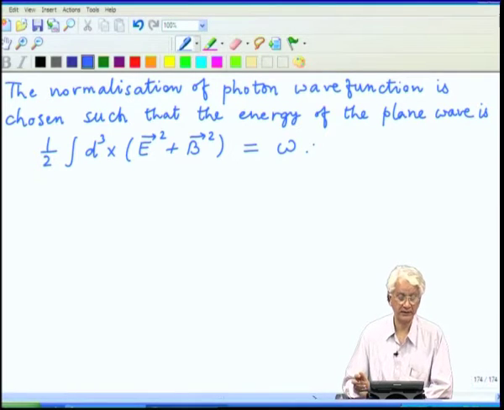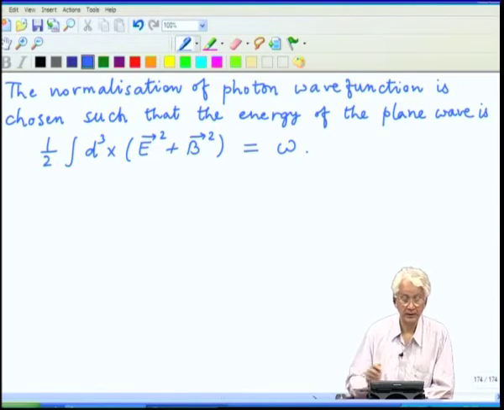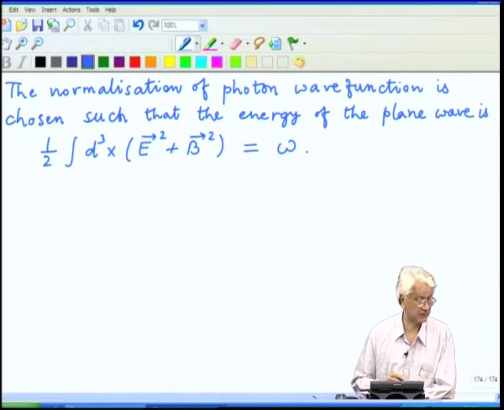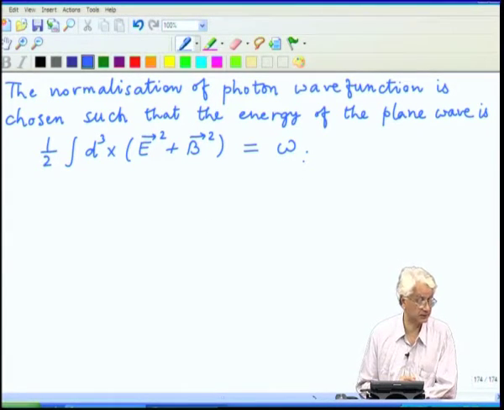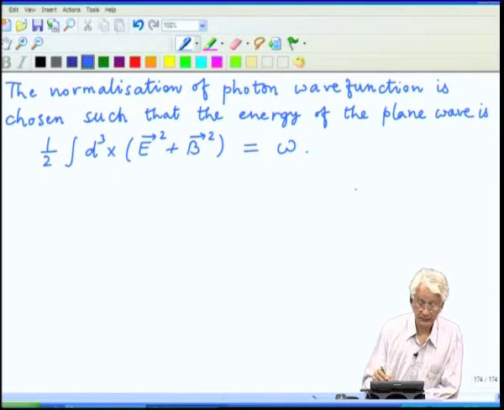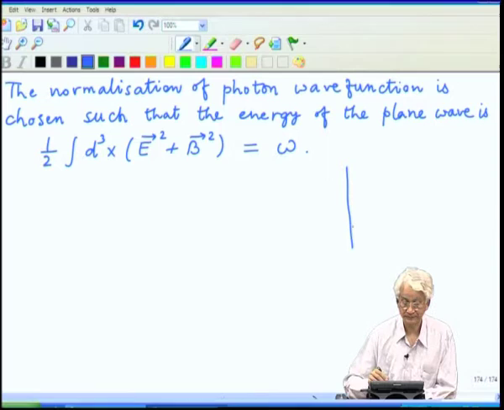In the units again we have h cross equal to 1. So, this is the standard normalization of the photon energy, and the wave functions have been chosen to be consistent with it. So, now the Feynman diagrams I can draw, there were two of them.